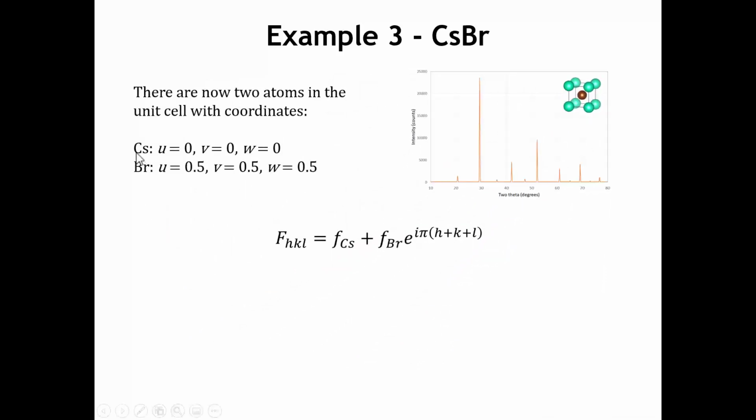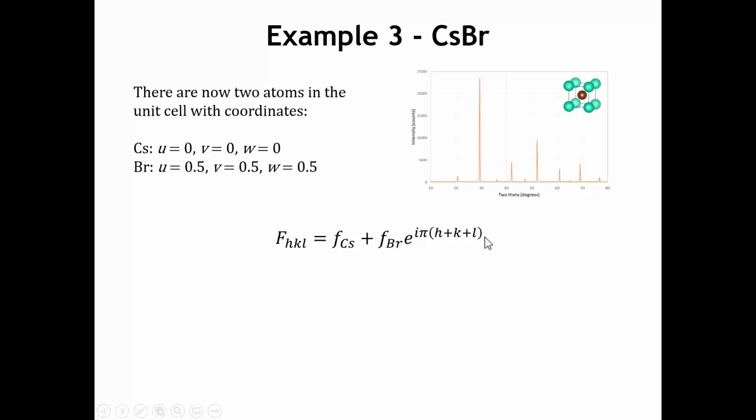The two atoms in the unit cell are cesium at 0, 0, 0, and bromine at 1/2, 1/2, 1/2. So our F_hkl structure factor equation is going to have one term for cesium, one term for bromine. Now, because cesium is at 0, 0, 0, the exponential just drops out, and the bromine, being at 1/2, 1/2, 1/2, gives us this exponential of i pi times (h plus k plus l).